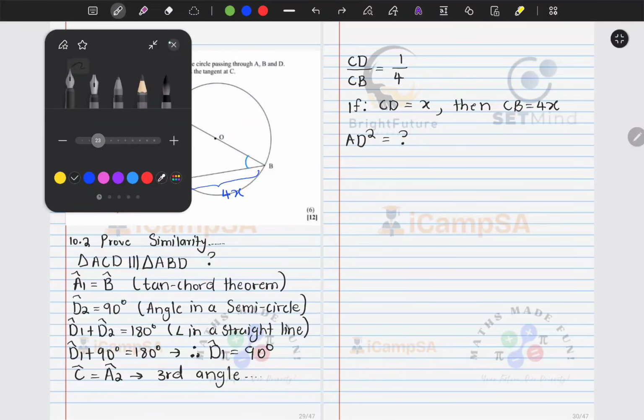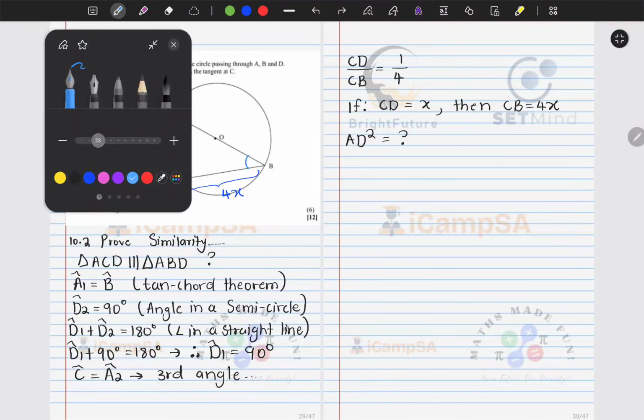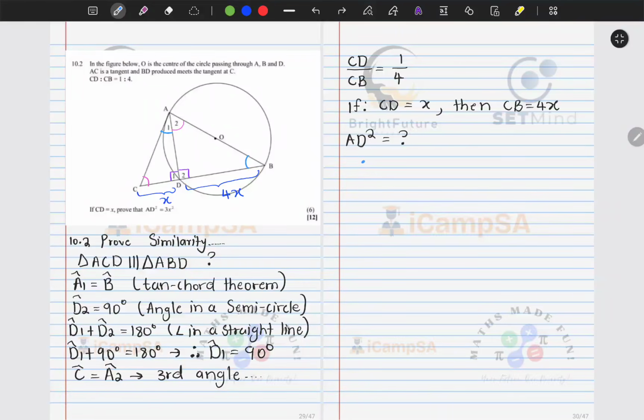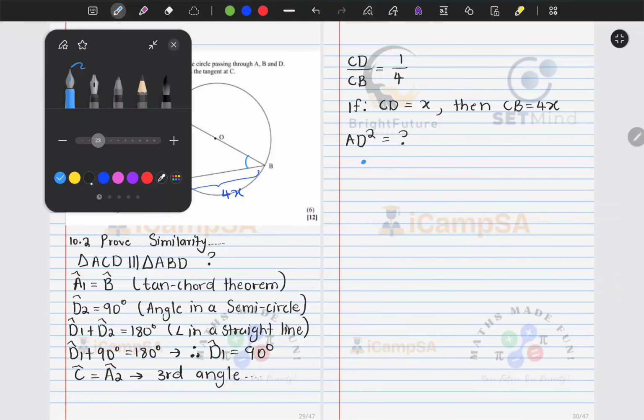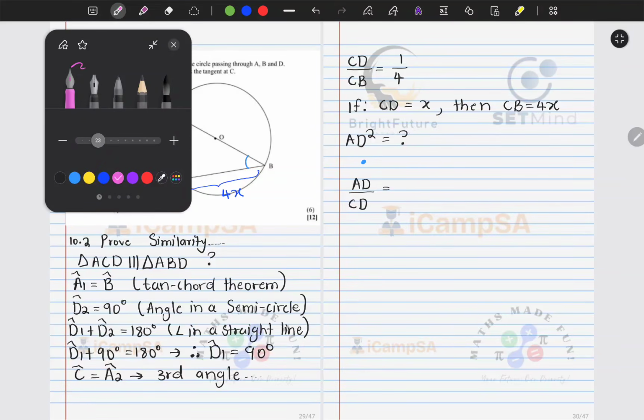Okay, so I'm going to look at the blue angles as an example. And if you observe carefully, there's AD. So I'm going to do AD divided by, now I'm going to go to the smaller triangle, that will be CD. So it will be divided by CD. Okay, then let's go to pink.